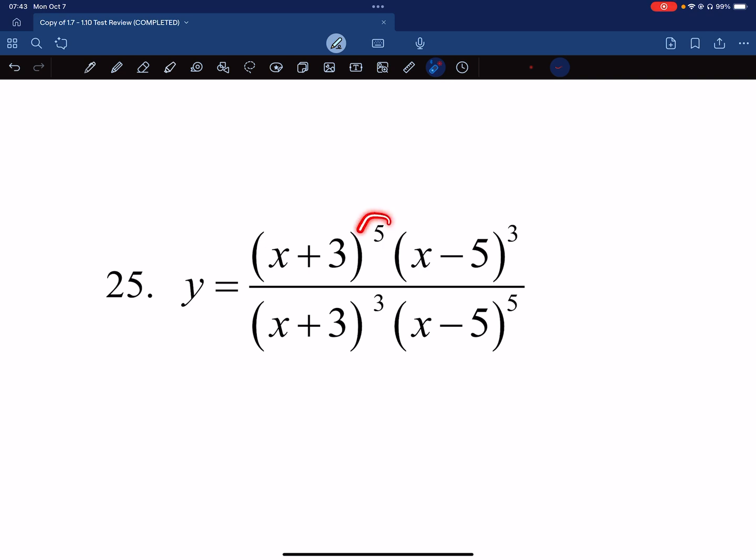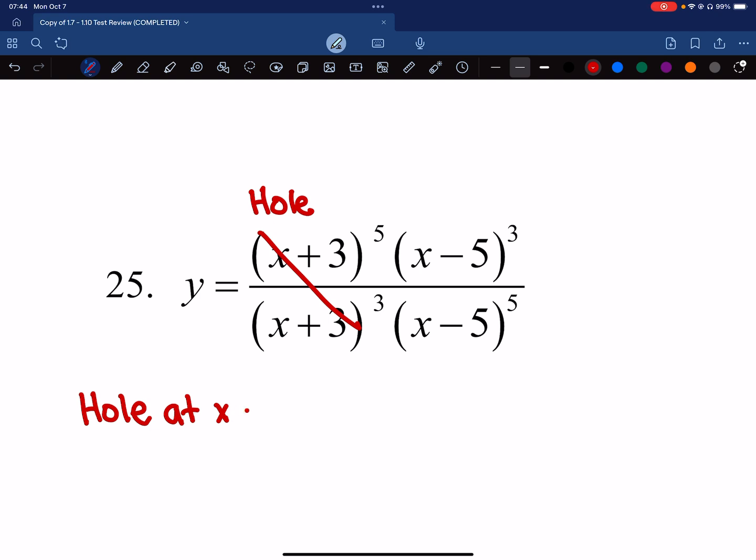But this has a multiplicity of 5. This has a multiplicity of 3. My multiplicity is bigger on top, which makes this part right here a hole because the multiplicity is bigger on top. So this has a hole at x plus 3 equals 0. So we subtract 3 from both sides, and we get x equal to negative 3.